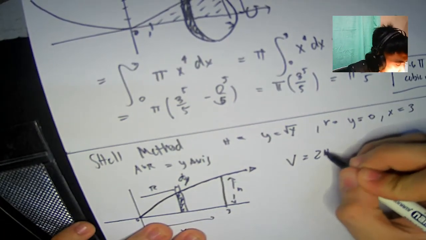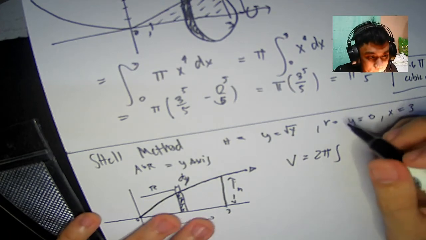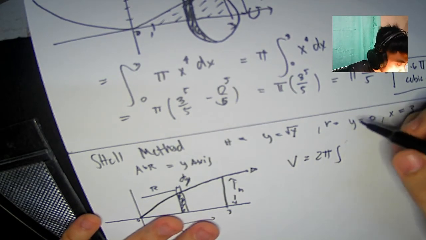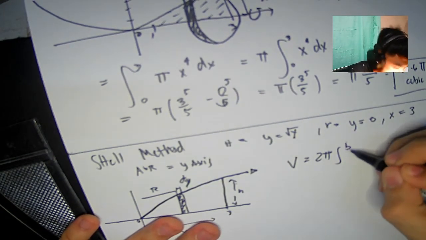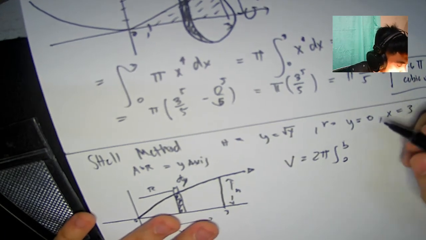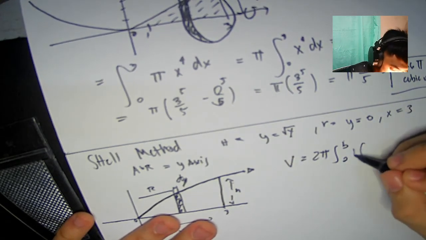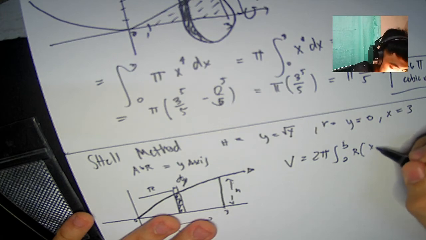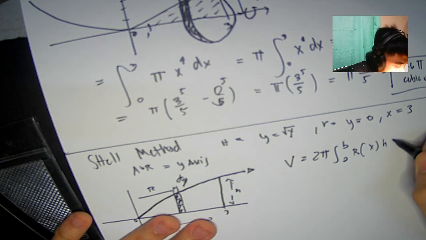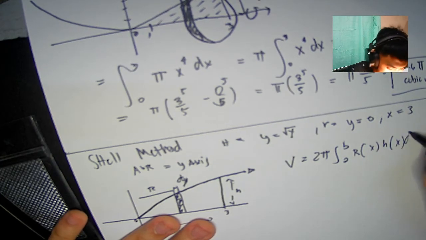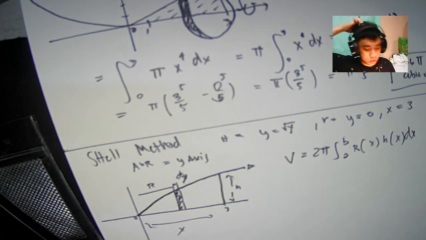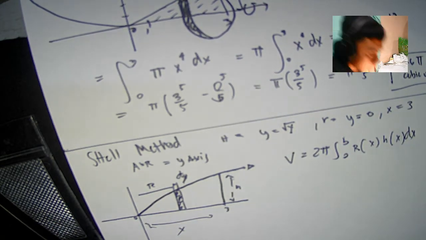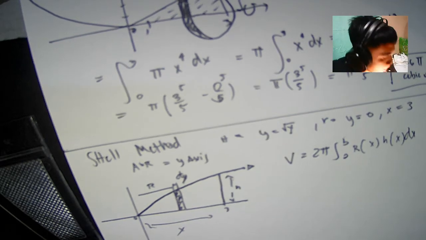So let's solve. V is equal to the integral of 2 pi dA. So the formula is this: r of x times h of x. Why do we use dx? Because the shell is standing on the x-axis.